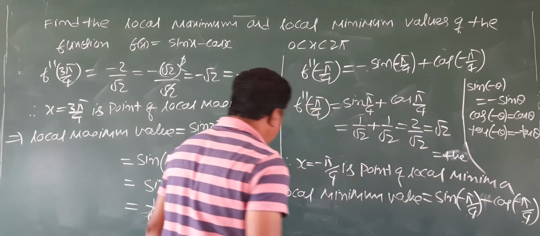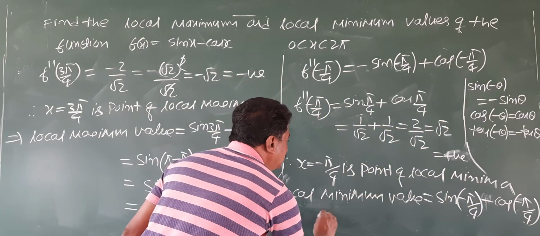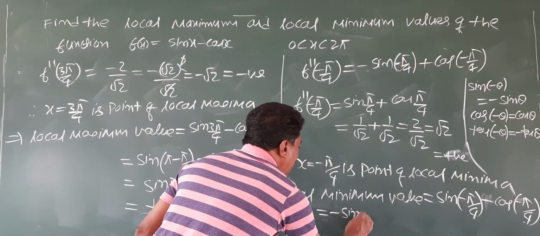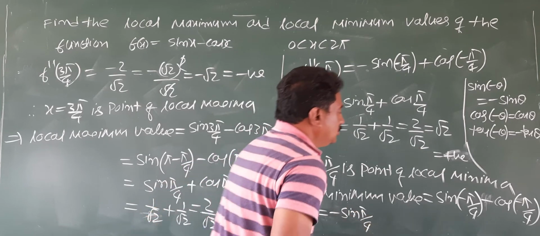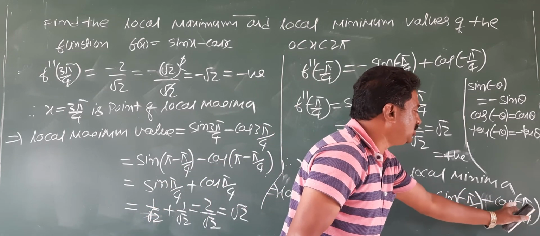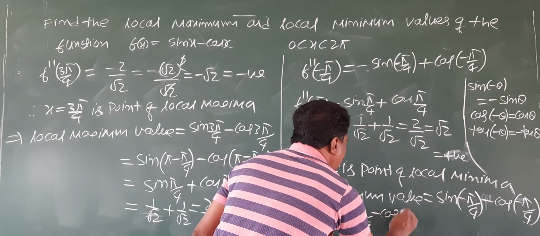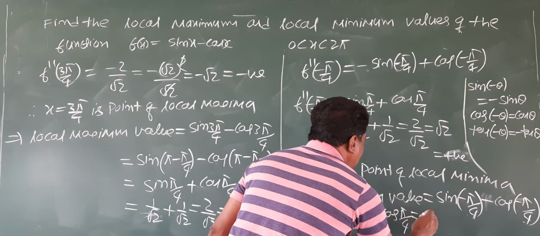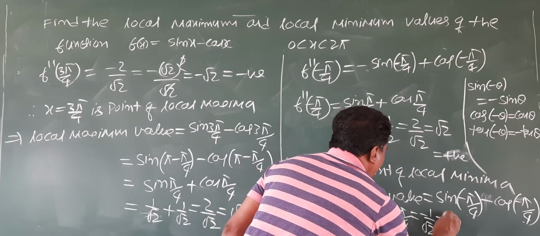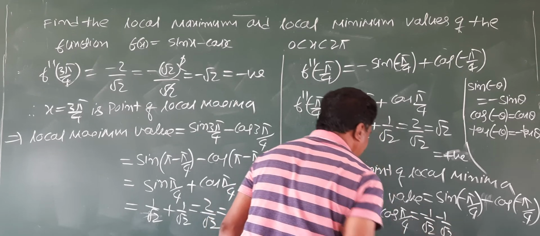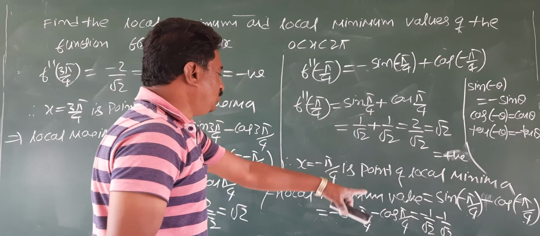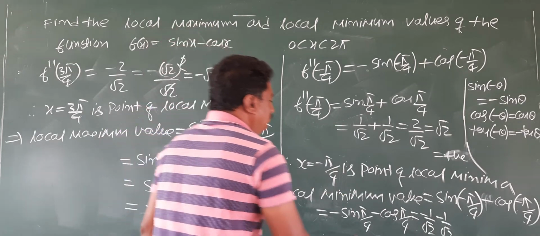What is sin minus theta, students? Minus sin theta. Minus sin pi by 4. Cos minus theta, cos theta. Minus cos pi by 4. Minus 1 by root 2 minus 1 by root 2.